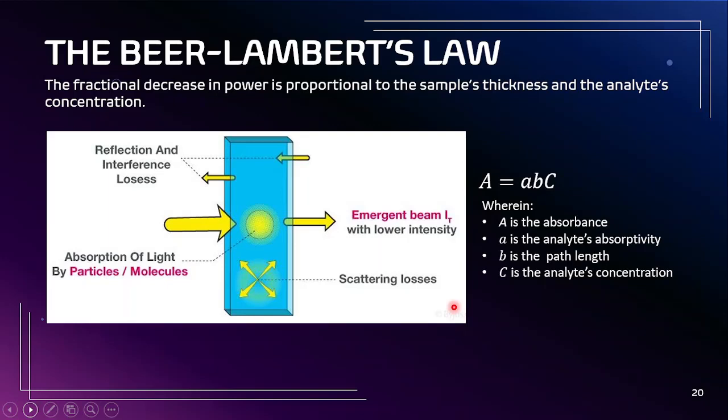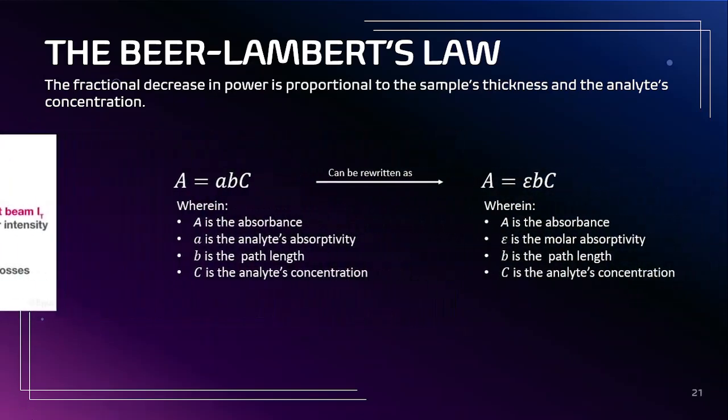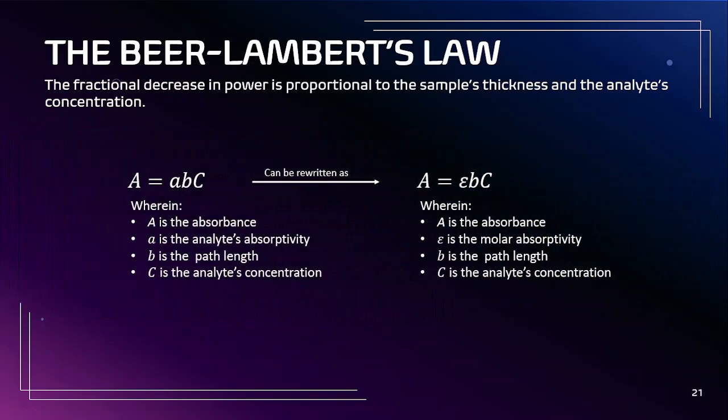Here the equation relates absorbance equals a times b times c, where a is the analyte's absorptivity, b is the path length, and c is the analyte's concentration. To better understand, the Beer-Lambert's law equation could actually be rewritten as absorbance equals epsilon times b times c, where epsilon is the molar absorptivity of the solution in the sample.